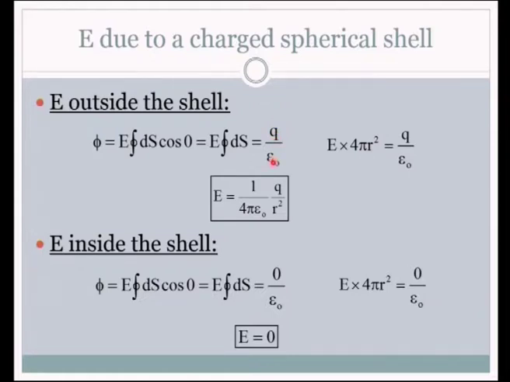So, we have got the expression finally simplified. Integral ds is the area of the sphere, which is 4 pi r square, and we simplify that expression like this: the electric field is equal to 1 divided by 4 pi epsilon naught Q divided by r square.